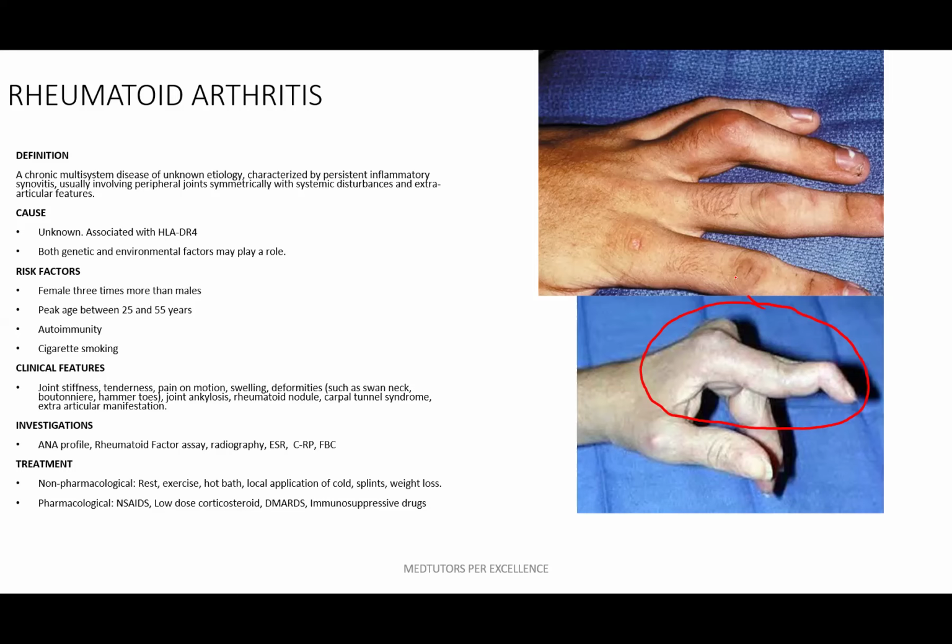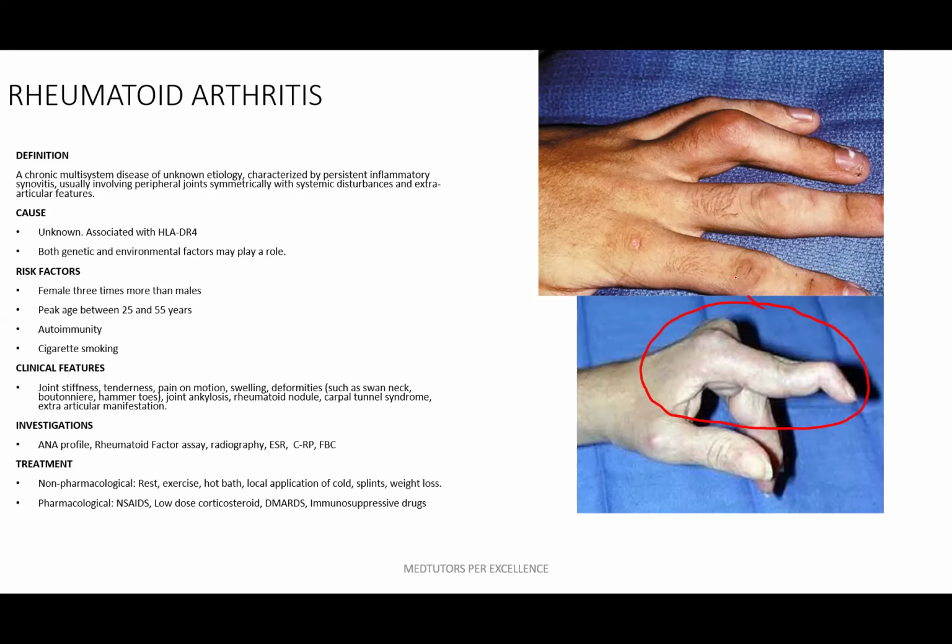Now, the pharmacological treatment will include the use of NSAIDs, low-dose corticosteroid, disease-modifying anti-rheumatoid drugs, and immunosuppressive drugs.